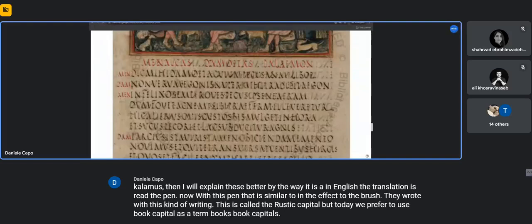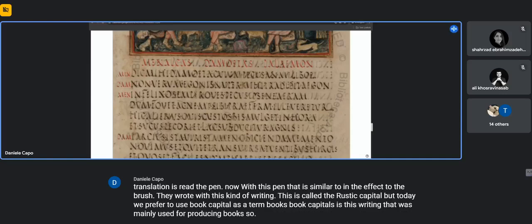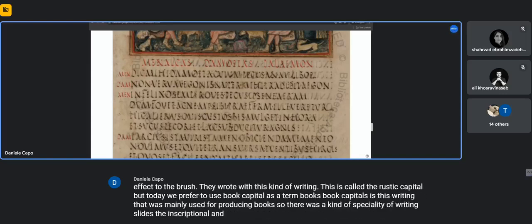Book capitals is this writing that was mainly used for producing books. So there was a kind of specialization of writing styles: the inscriptional and epigraphic capitals, and the book capitals.